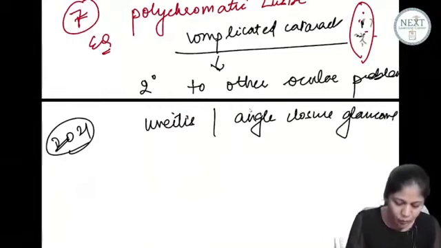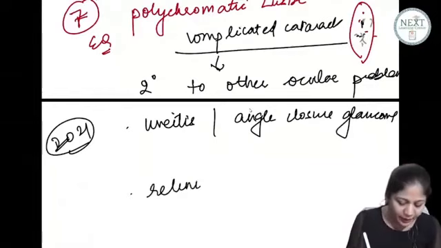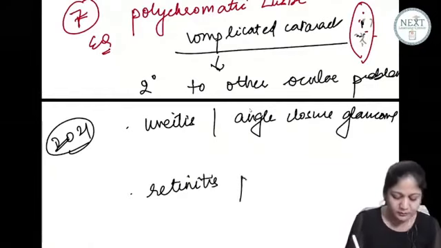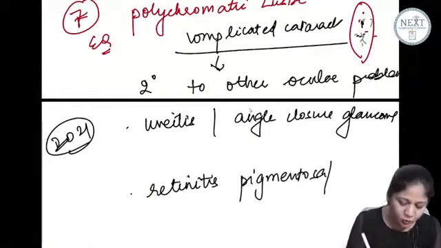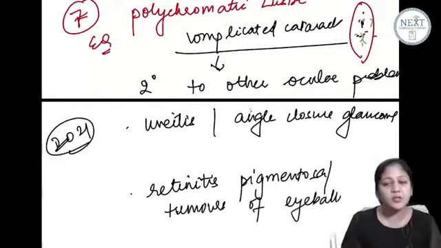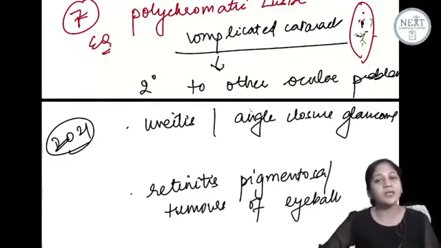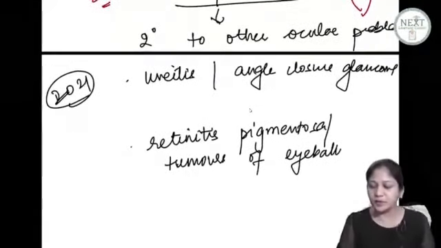After angle closure glaucoma, after retinitis pigmentosa, and after tumors of the eye. After tumors of the eyeball. Okay, friends. So there are so many causes after which you can develop a cataract, and this cataract will be called a complicated cataract. Understood?